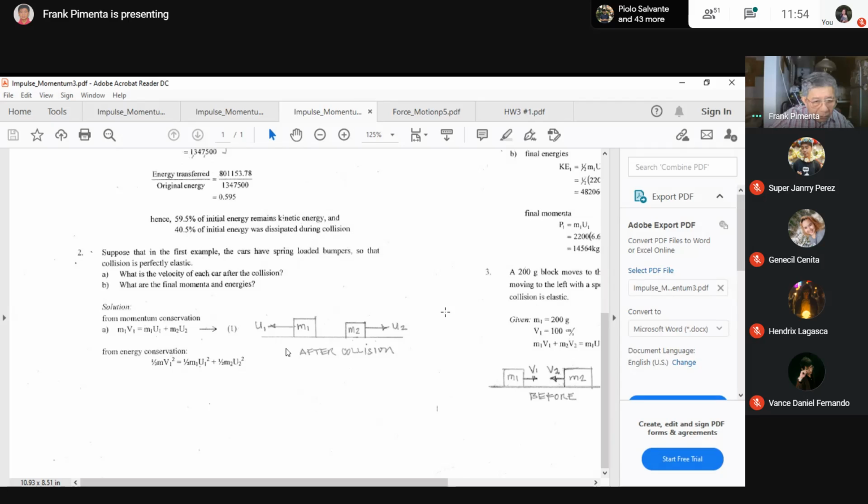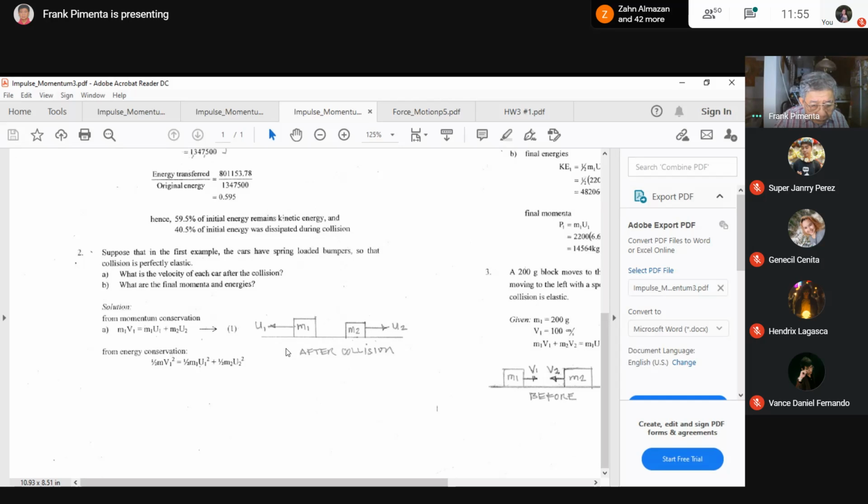So, still the formula is M1V1 plus M2V2 equals M1U1 plus M2U2. But V sub 2 is 0, so M1V1 is equal to M1U1 plus M2U2. Their final velocities now are not common.